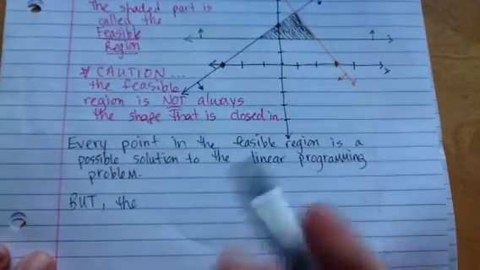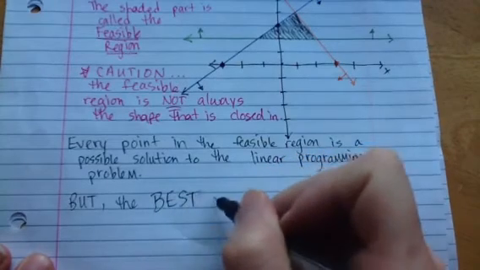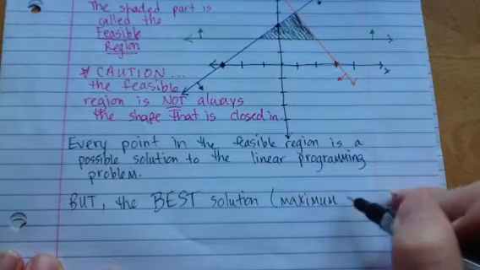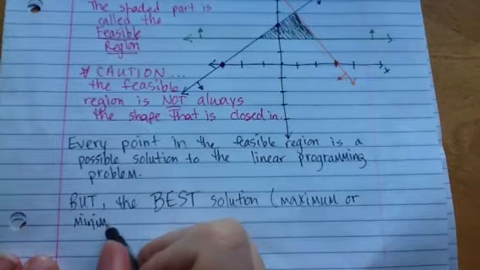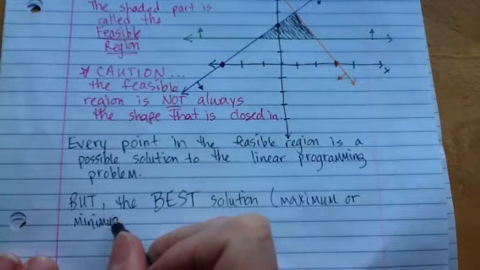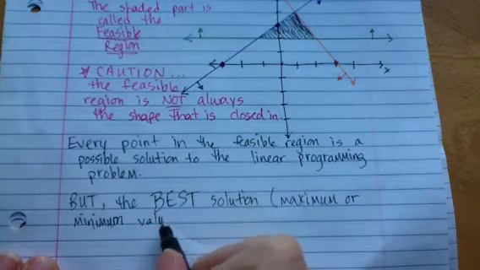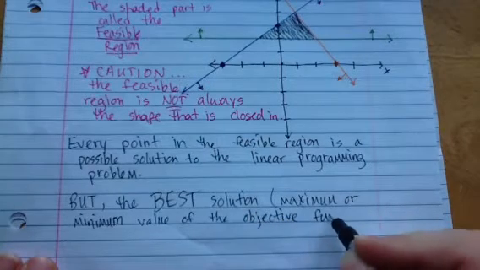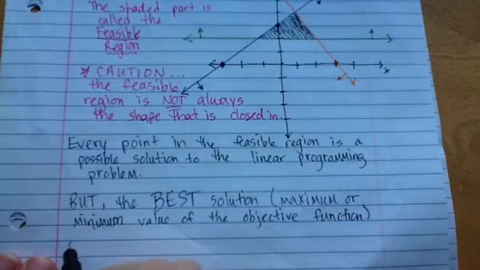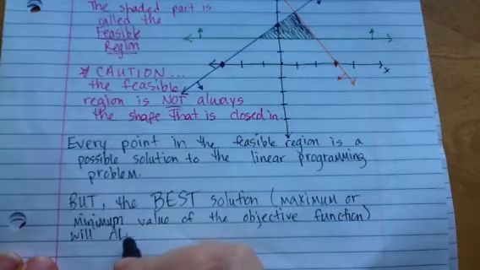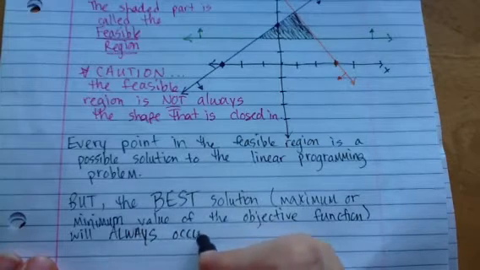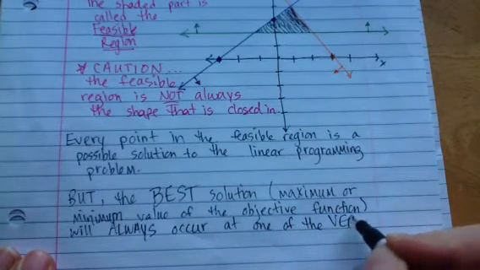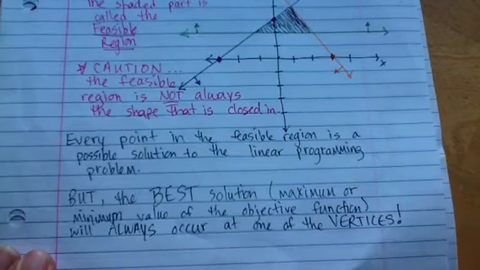So it's kind of important to know that the best solution, which means the one that will give you the maximum or minimum value of the objective function, depending on what you're looking for, that best solution will always, always, always occur at one of the vertices of that feasible region.